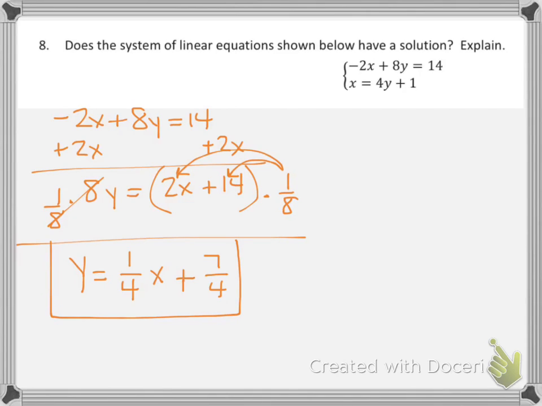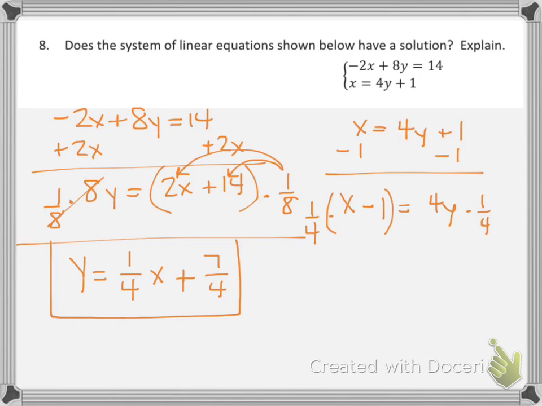And then for my second one, I have x equals 4y plus 1. I want the y all by itself, so I can just subtract 1. I get x minus 1 is equal to 4y, and then multiply by the reciprocal.